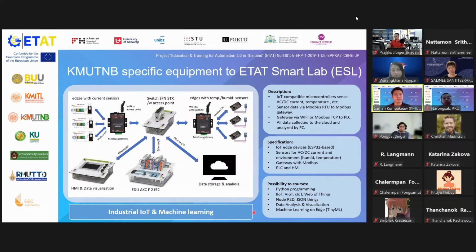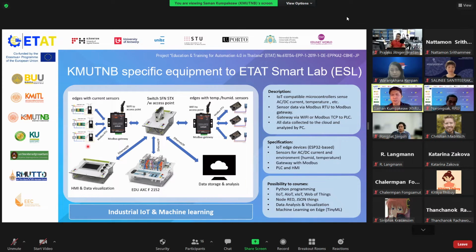Another set of specific equipment is about the industrial Internet of Things and machine learning, which contributes the edge device here, based on ESP32 microcontroller and connected to various sensors.